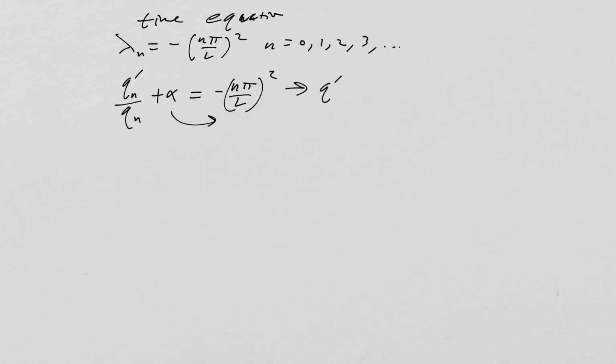So we're going to get q prime n is equal to negative n pi over L quantity squared minus alpha, that whole thing there, times, oh, we forgot our d. I need to remember that there has to be a d there. So I'll just put a d right there. That's good. Right, so all of our parameters seem to be showing up in this.